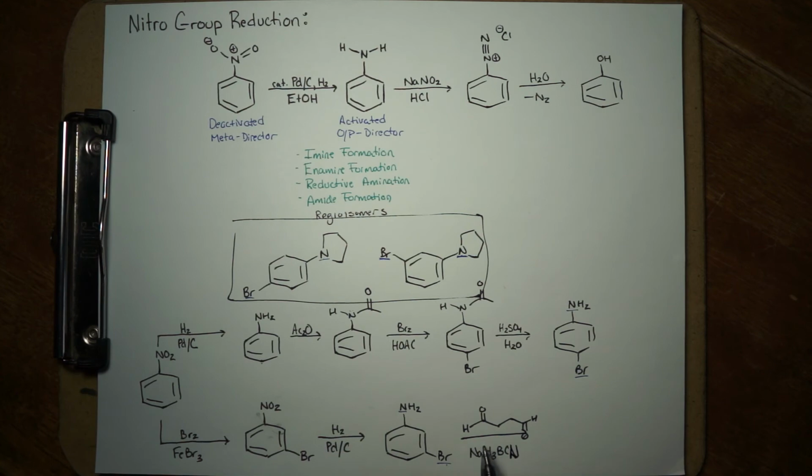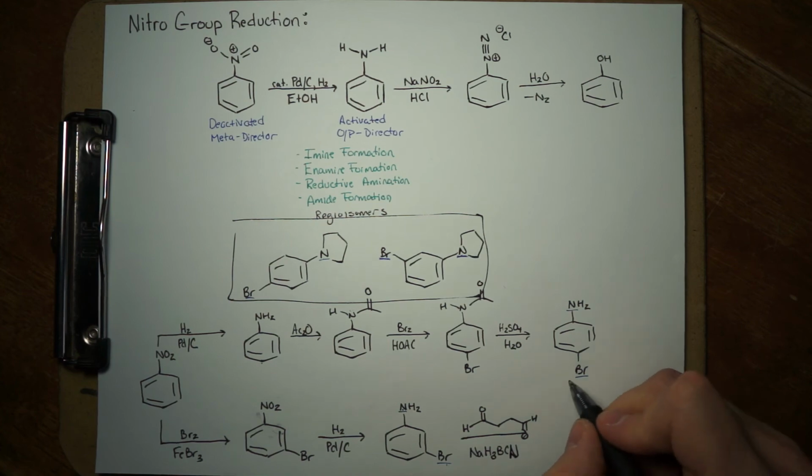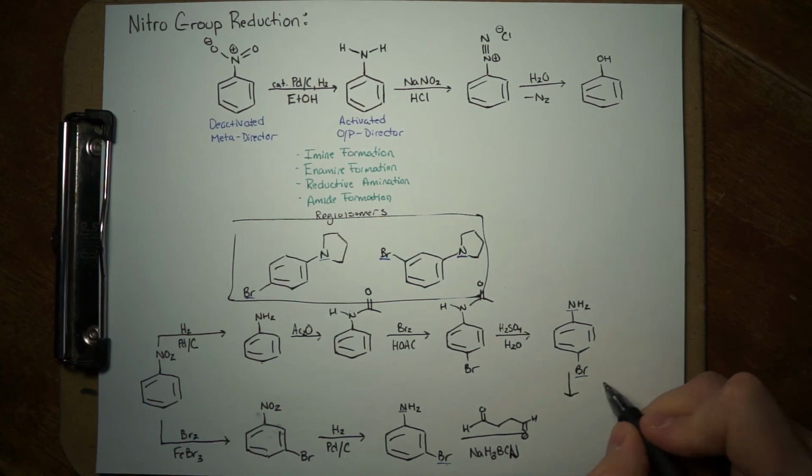So this is going to be a reductive amination. The amine is going to add to one aldehyde group, and we're going to reduce that iminium ion that forms, and then the resulting secondary amine will add to the other aldehyde group. We'll do another reductive amination, and that should give us our 5-membered ring. Do the same thing here.